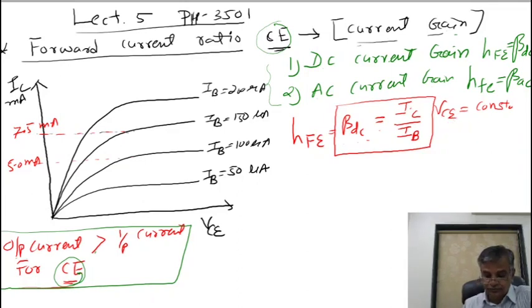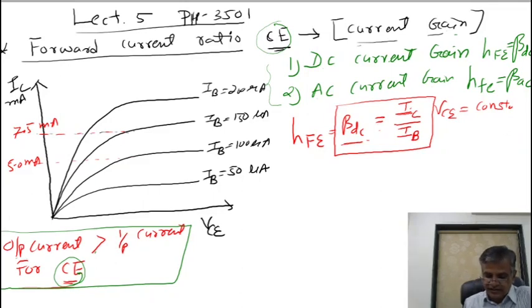Again I am telling you. DC current gain is the ratio of DC output collector current to the DC input base current at a constant value of collector emitter voltage.